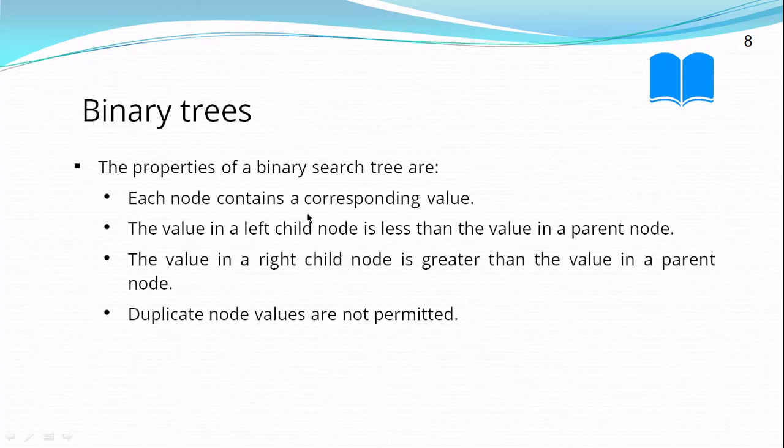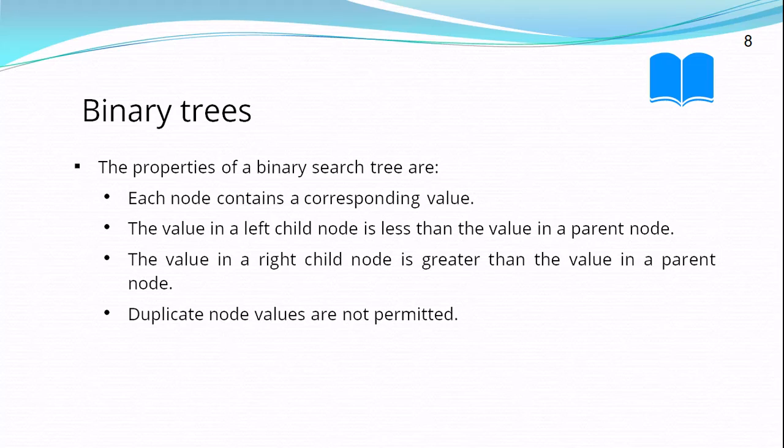Each node contains a particular data value, some data, and the value in a left child node is less than the value in a parent node, and the value in a right child node is greater than the value in the parent node. And duplicate node values are not permitted. In other words, if you've got a value, say 10, within a particular binary tree, the 10 is not going to occur in more than one node.